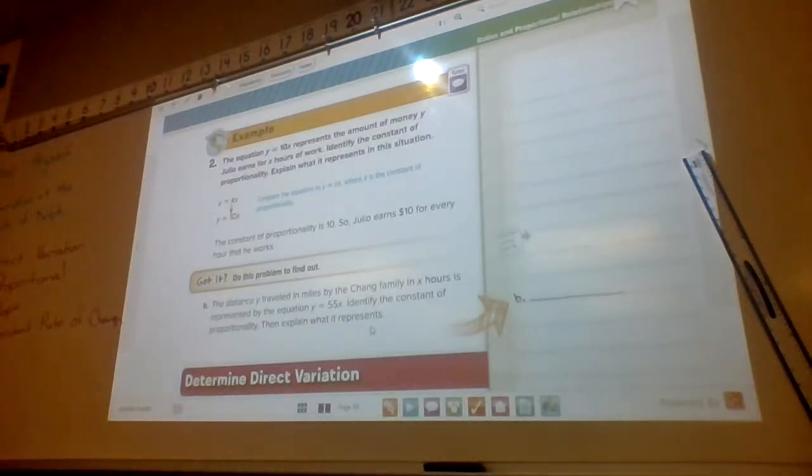What did you guys find on that? On letter A, what was the question? What is the rate? How did you answer that? You answered it with 26 feet per minute, right? And then I showed you how it goes into the equation, correct?